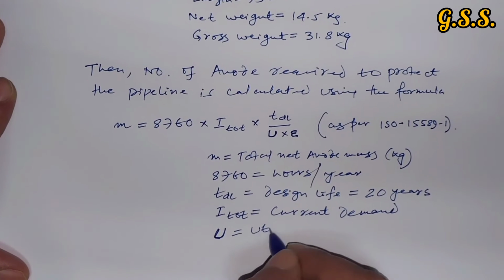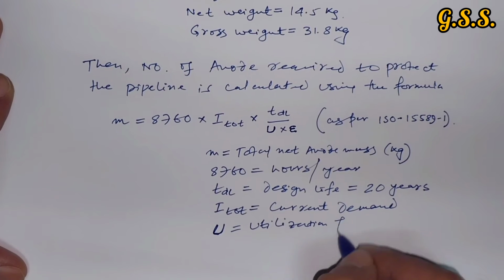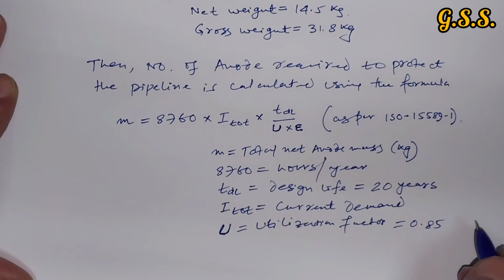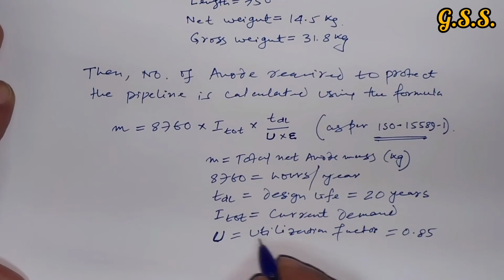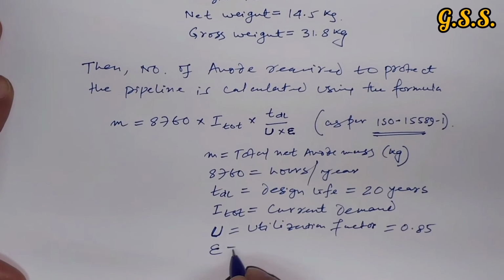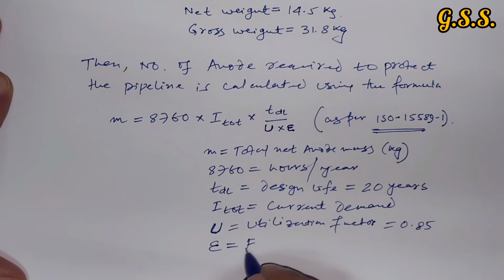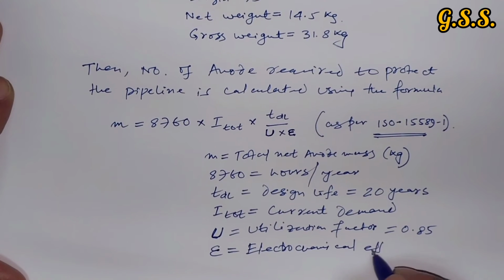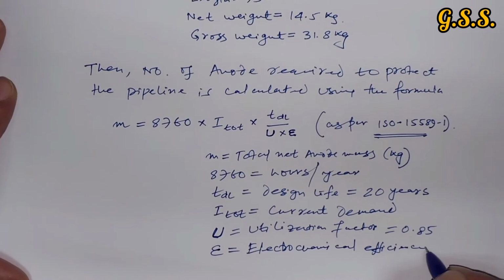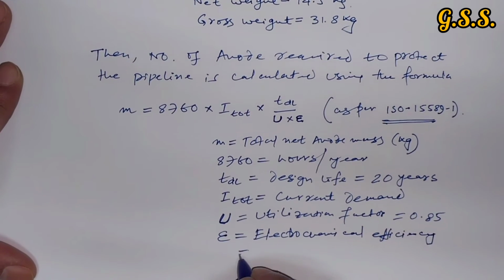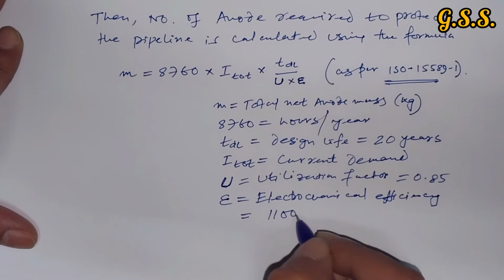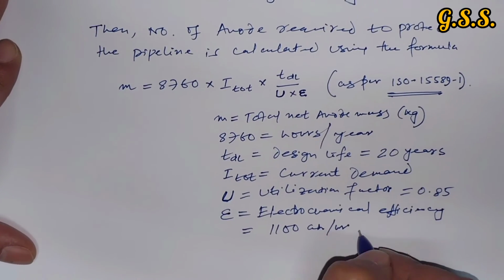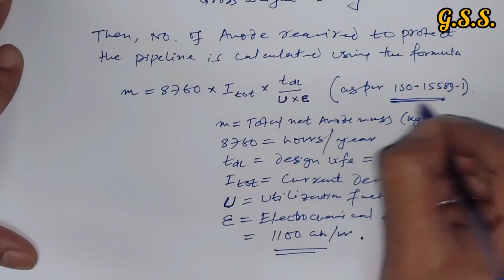U equals utilization factor equals 0.85 as per ISO, and E equals electrochemical efficiency equals 1100 Ah per kg. This is as per this code.